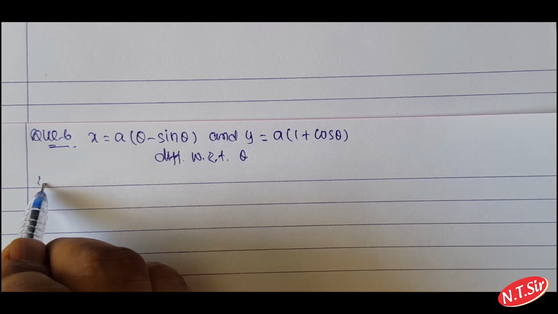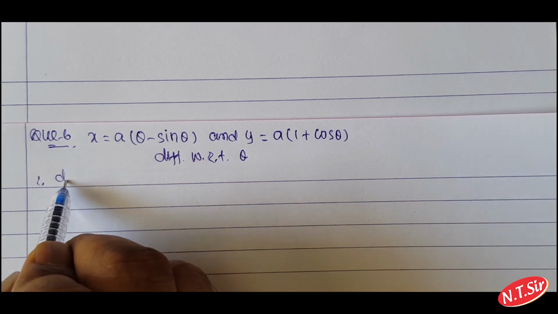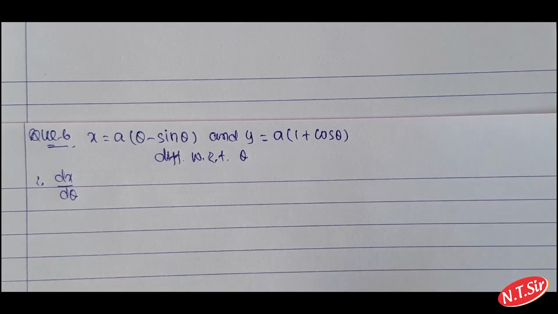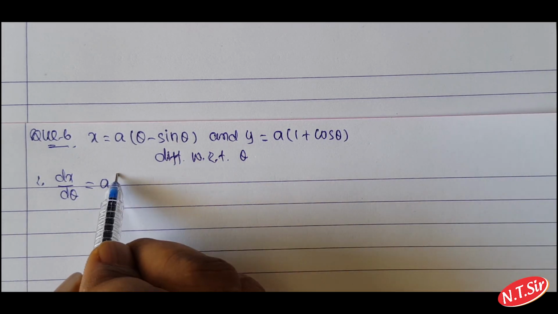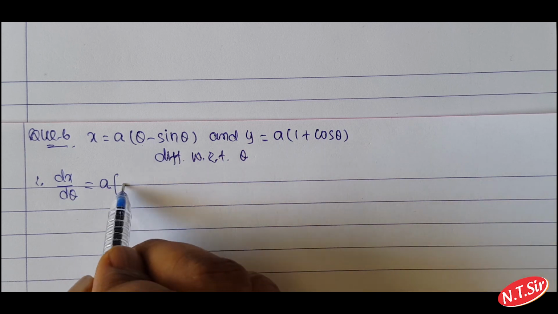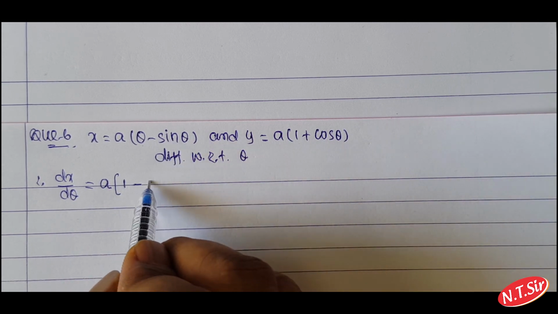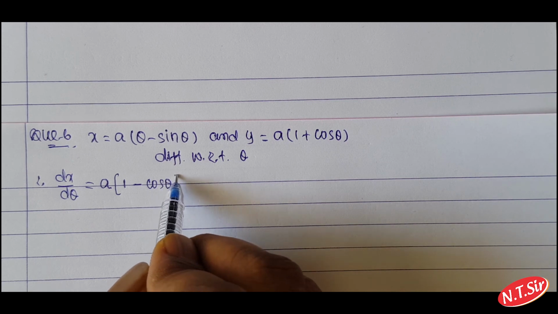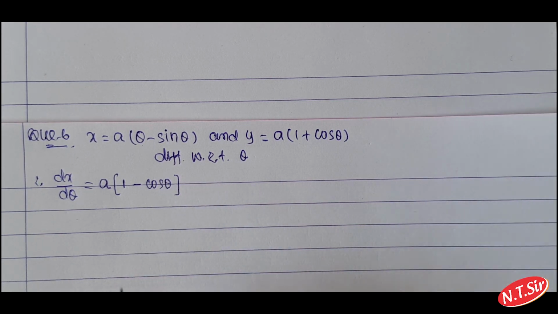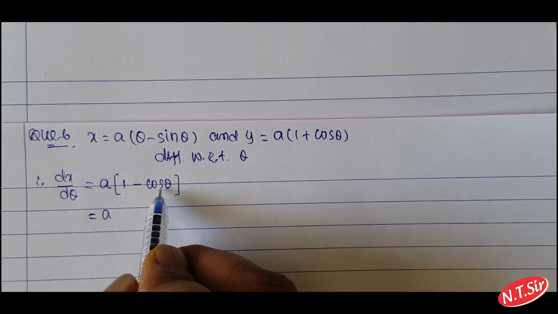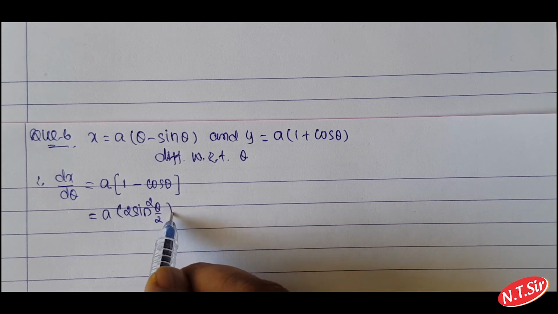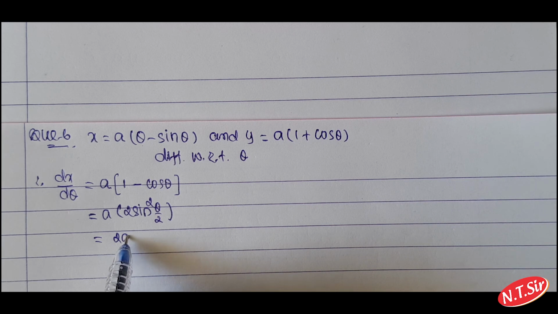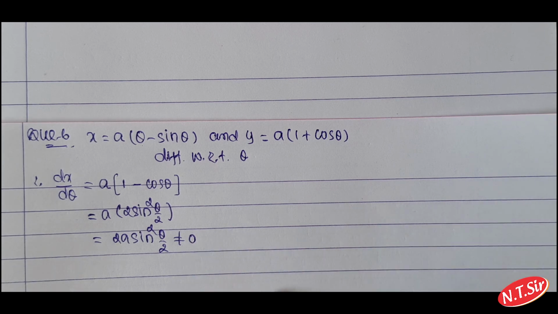Therefore derivative of this, dx by d theta, is equal to a as it is, derivative of theta with respect to theta is 1, minus derivative of sin theta is cos theta, right? So this is a into 1 minus cos theta, and 1 minus cos theta is 2 sin square theta by 2. You know this formula, right? So your answer is 2a sin square theta by 2, and this is never equal to 0, right?